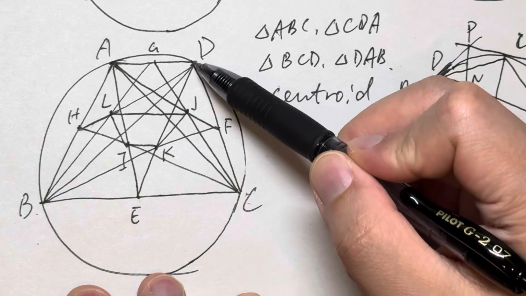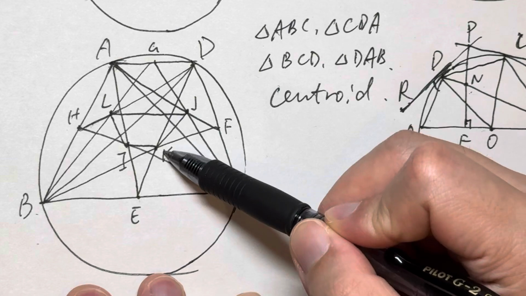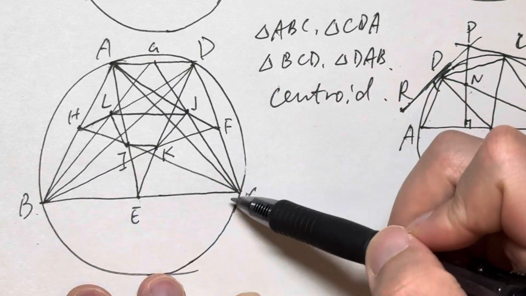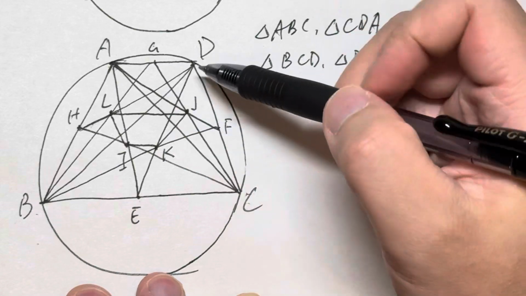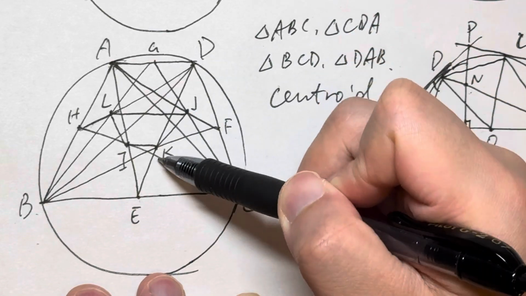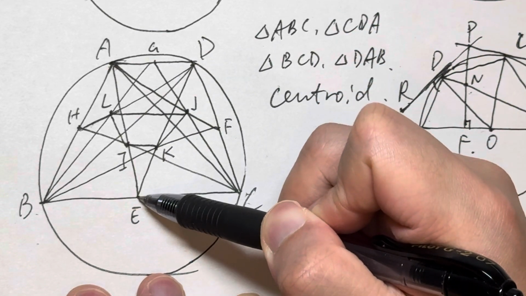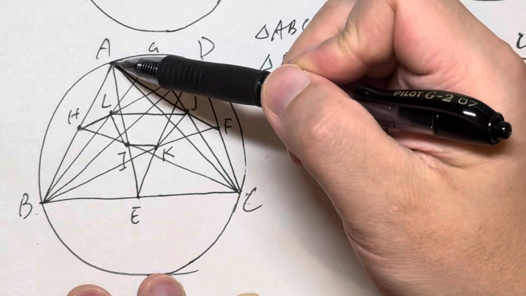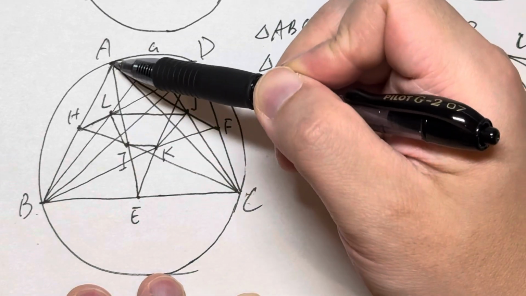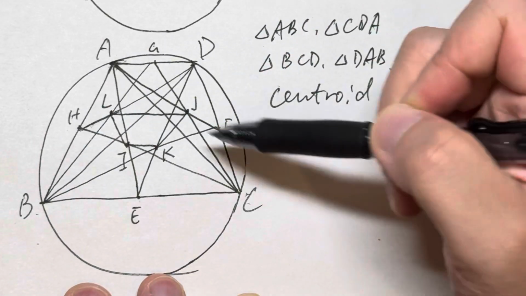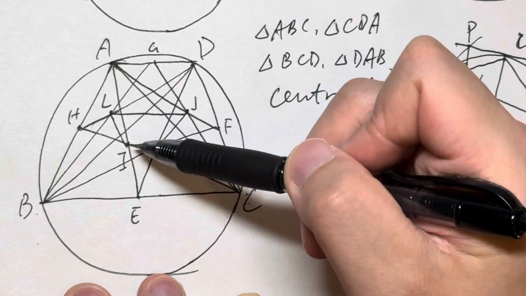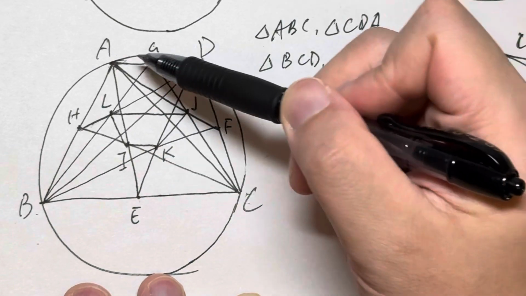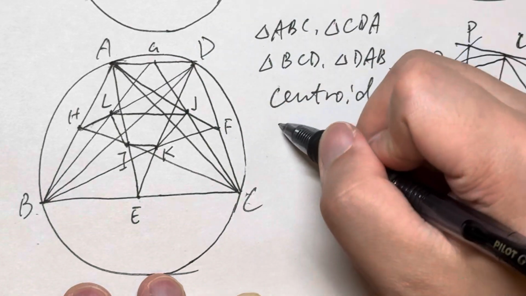Because K is the centroid of triangle BCD, we know that DK to KE equals 2 to 1. And we know that I is the centroid of triangle ABC, so AI to IE equals 2 to 1, which means IK is parallel with AD, right?